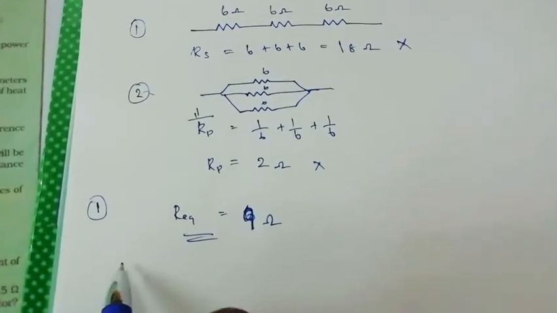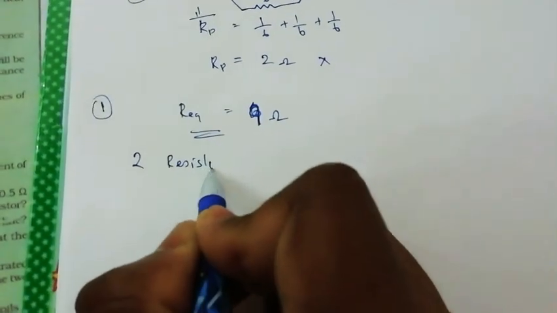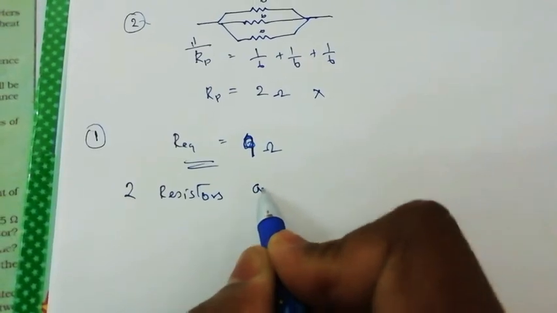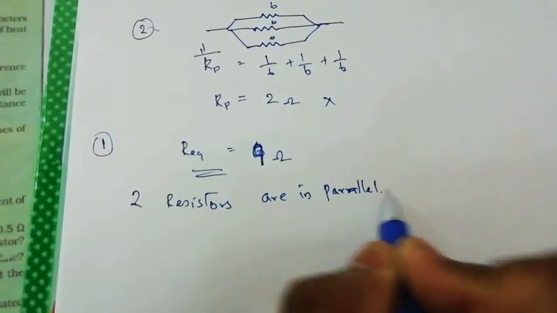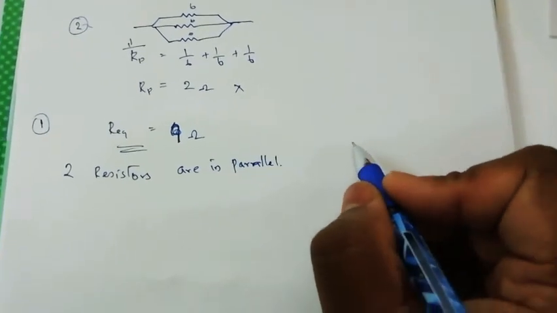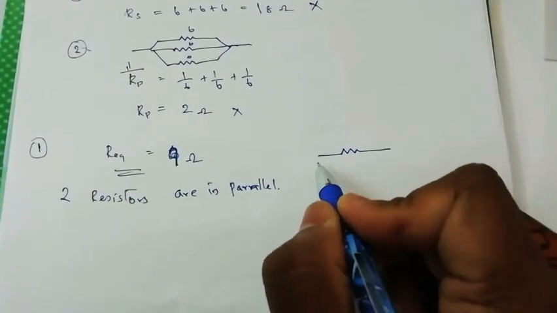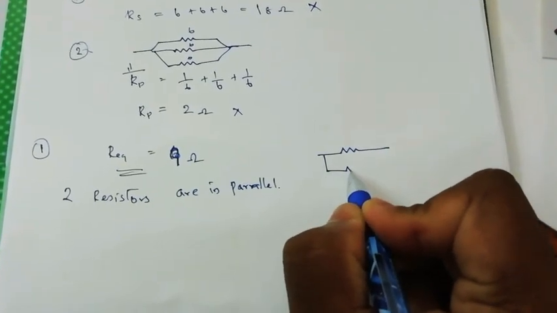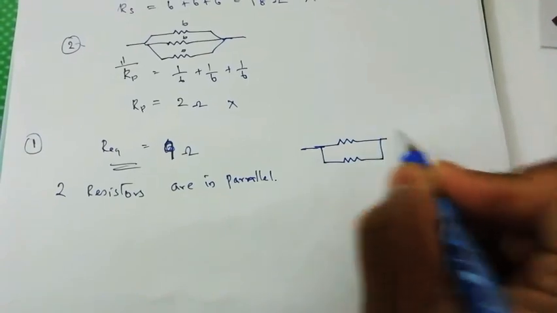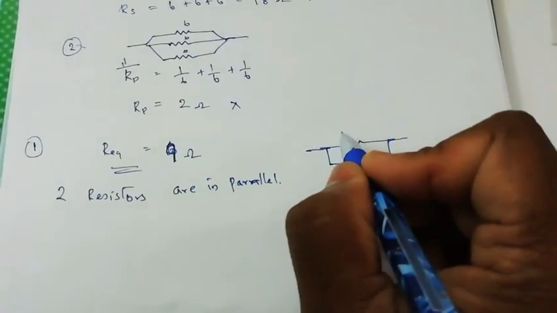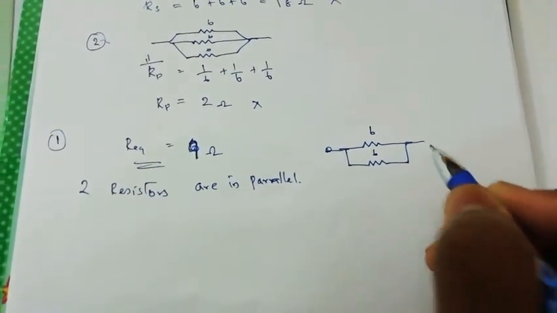First, two resistors are in parallel, so we connect two resistors in parallel like this, one, another is like this. These are 6 and another is 6.